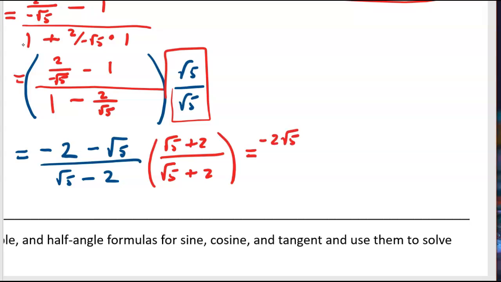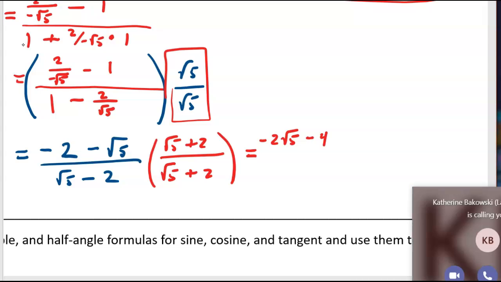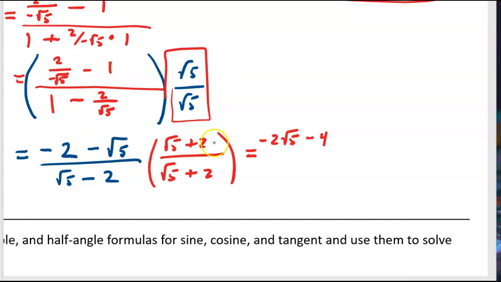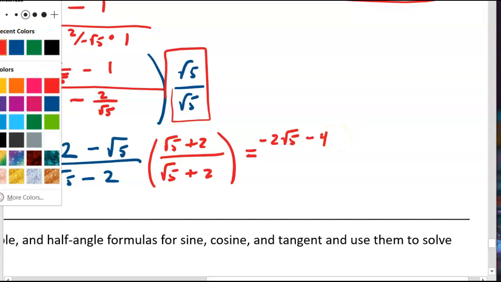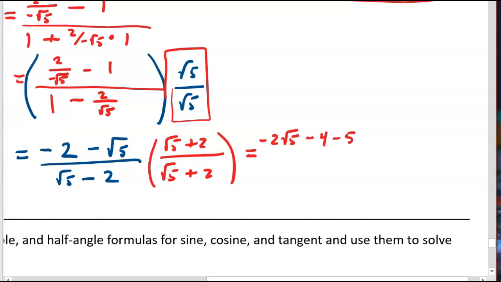Negative 2 times 2 is negative 4. Negative root 5 times root 5 is negative 5. And negative root 5 times 2 is negative 2 root 5 again.